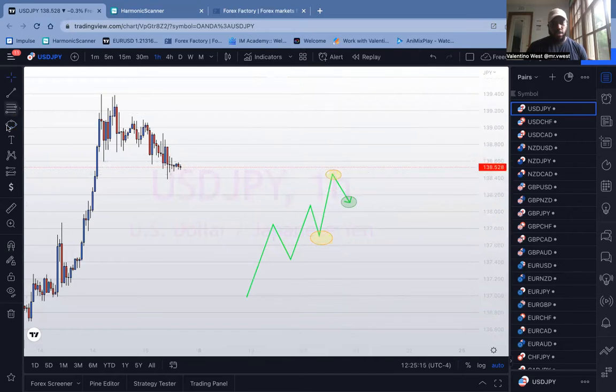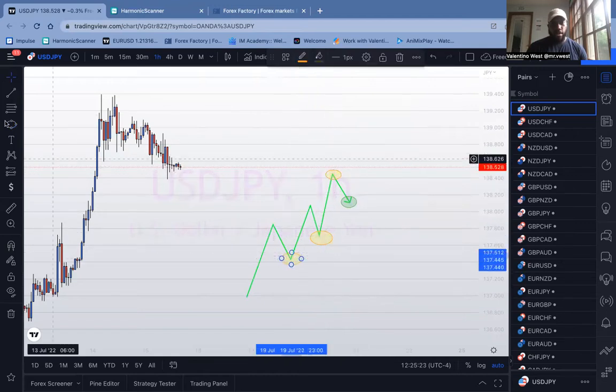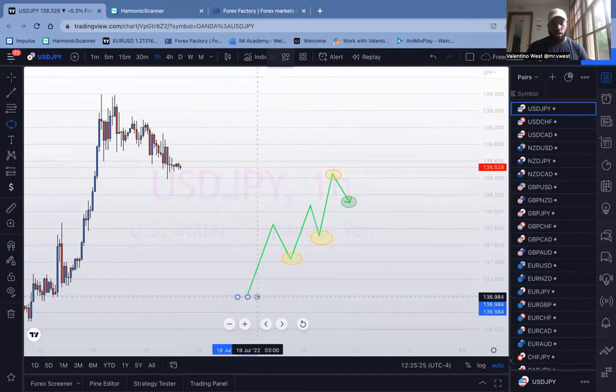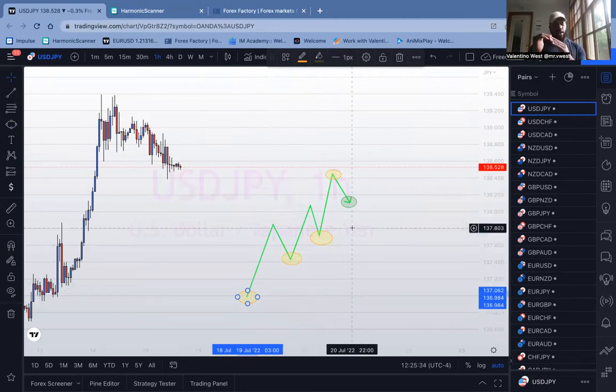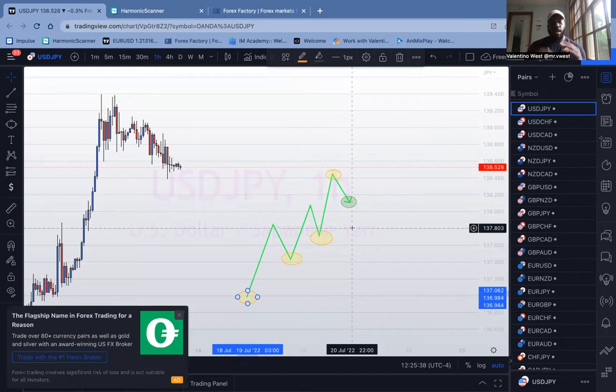So what we can actually do is we can fib from low to high here, low to high here, and then also low to high here. And when all of these points have Fibonacci areas that are lining up at the same spot, we call that fib commonality.